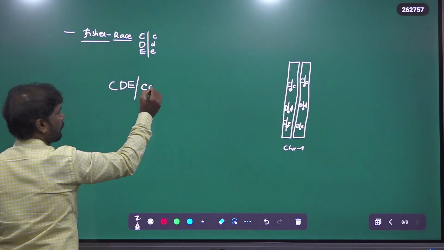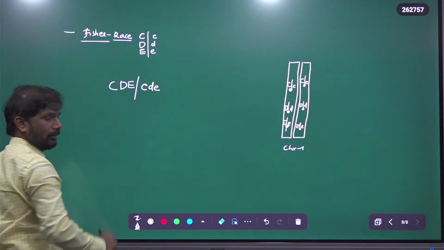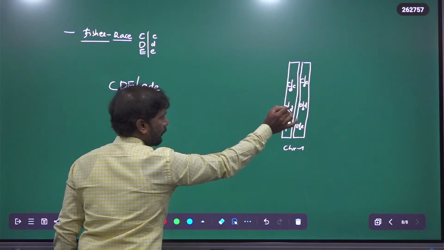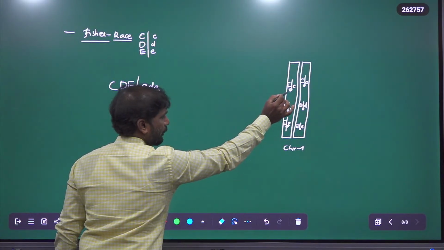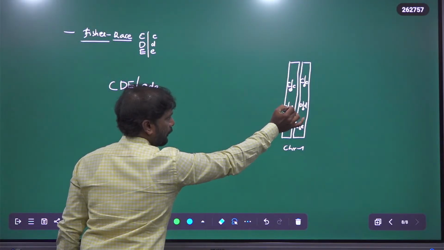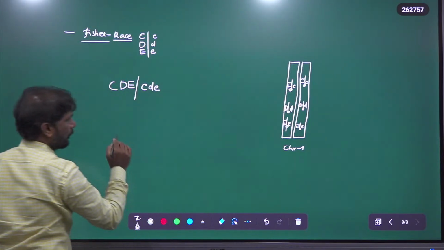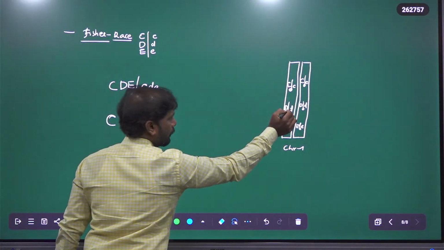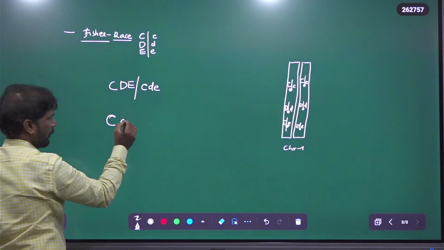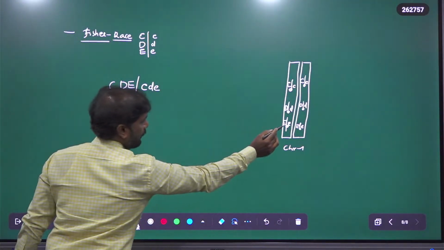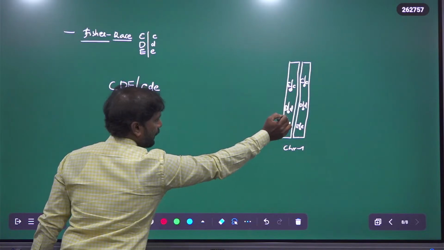Then capital C, small d, capital E. Then capital C, small d and small e. Here it is C, D, E.